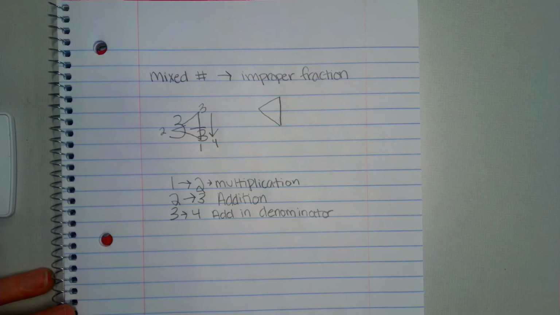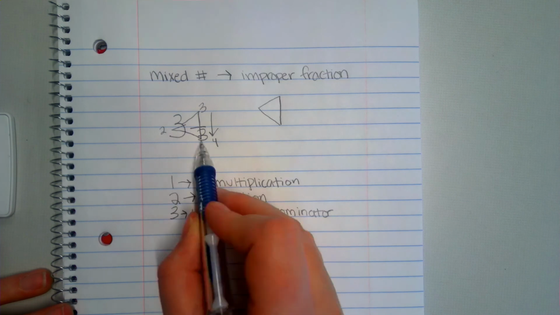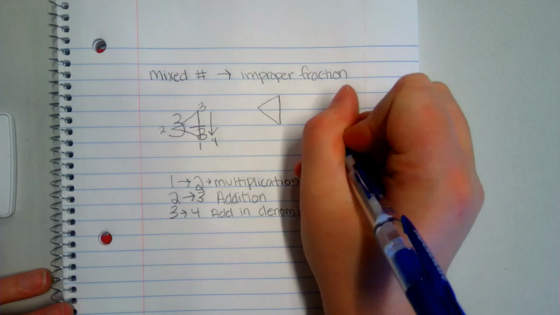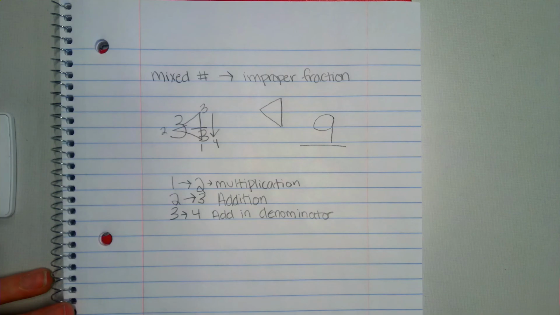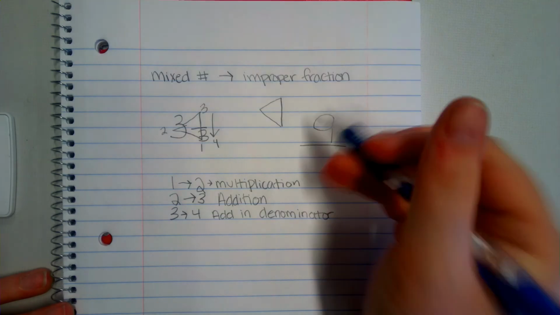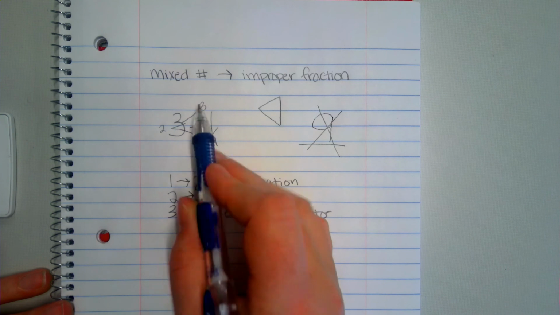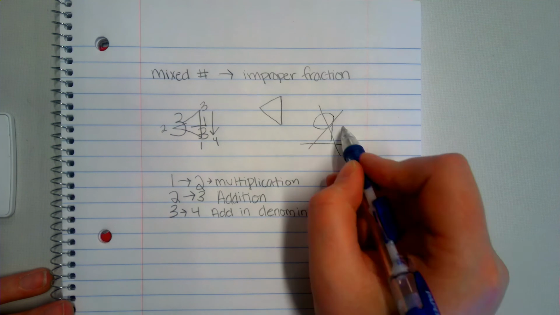So if I'm doing it this way, I'm going to go from my 1 to my 2, which is 3 times 3. So I get 9. So my big number on top is 9. But that's not right because I have 9, but I need to add in my 1 that's right here that I can't see. So I would do 9 plus 1.